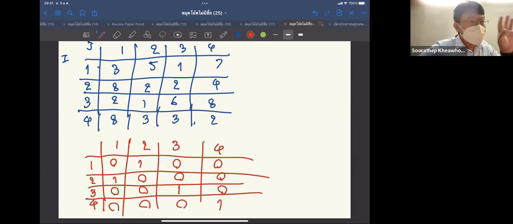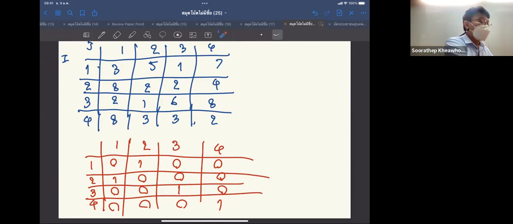Okay, this is only one scenario, I mean, one solution. In this solution, employee 1 takes job 2, right? Employee 2 takes job 1, right? And employee 3 takes job 3. Employee 4 takes job 4. Okay, this is one scenario, right?